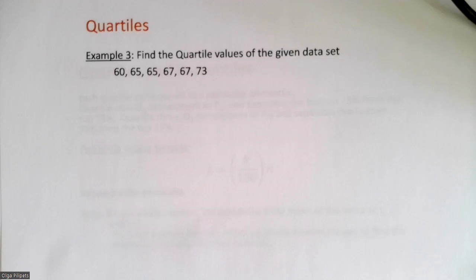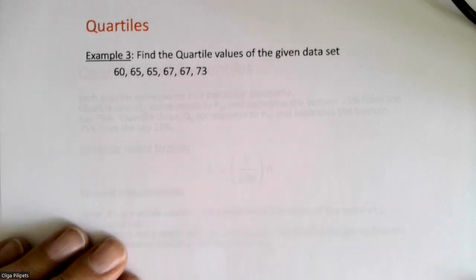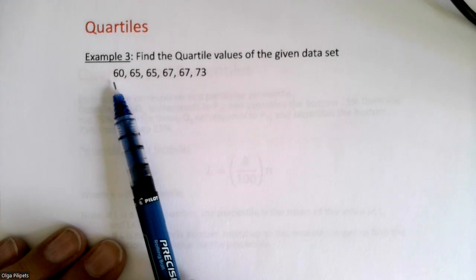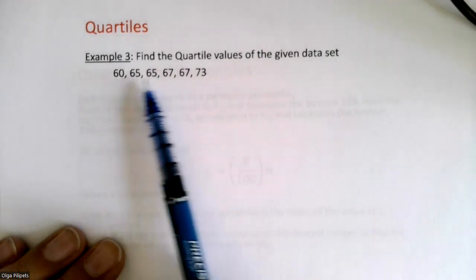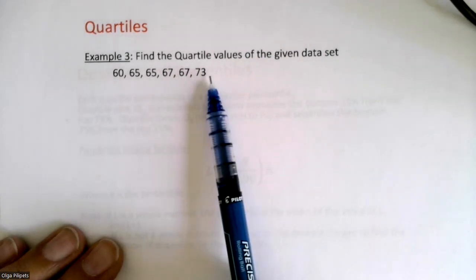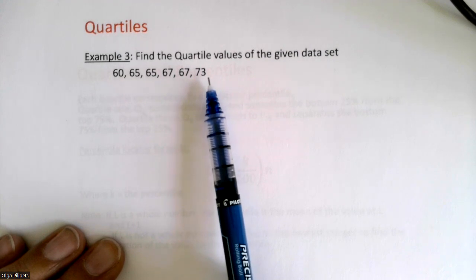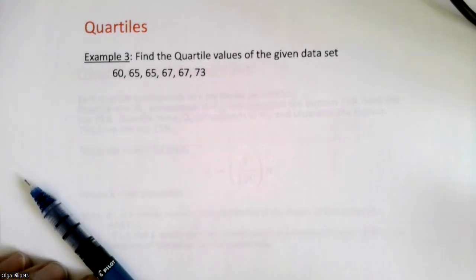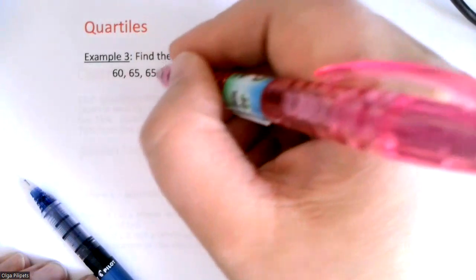In this video, we're going to talk about quartiles. In the past, we talked about median, and we said that median is the number in the middle. When we have to line up data from smallest to the largest value, and then find the value that's in the middle. So in this case, we have 6 values.